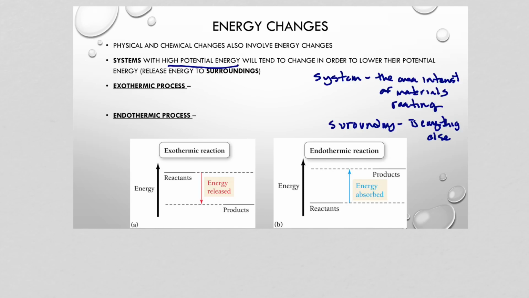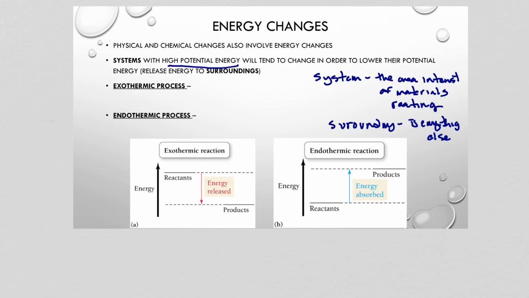Now, we will see, both ways happen, right? But it's sort of an overriding theme that systems that have too high a potential energy will tend to try to minimize that potential energy.